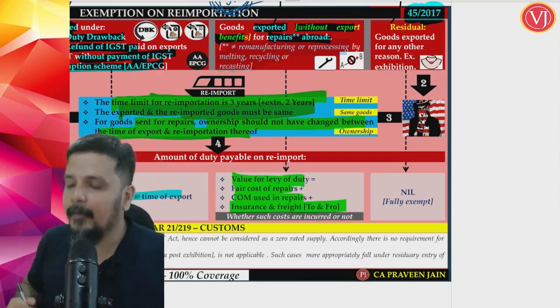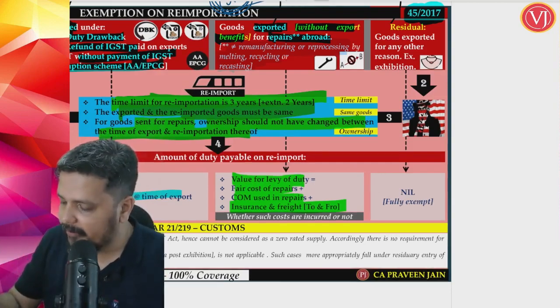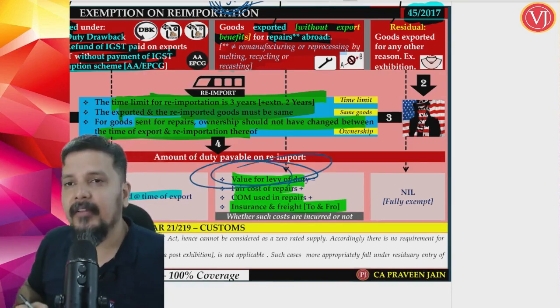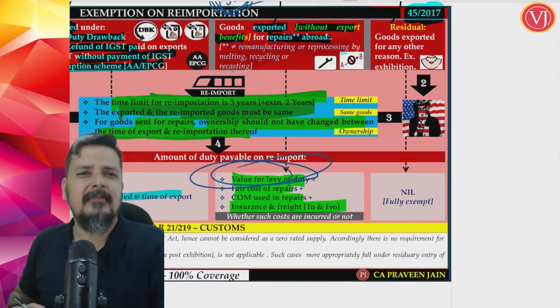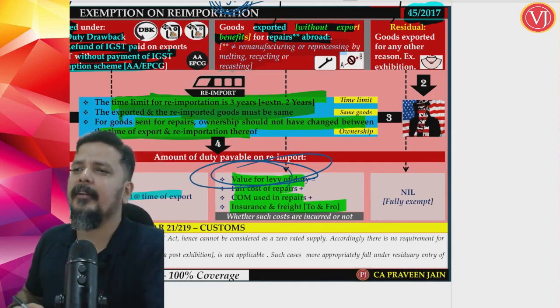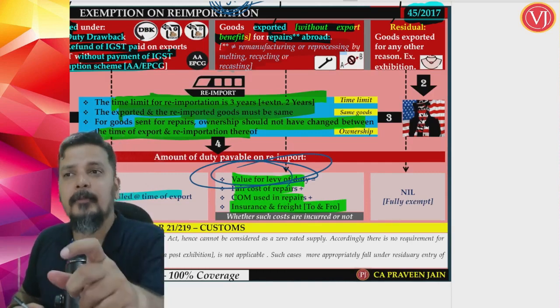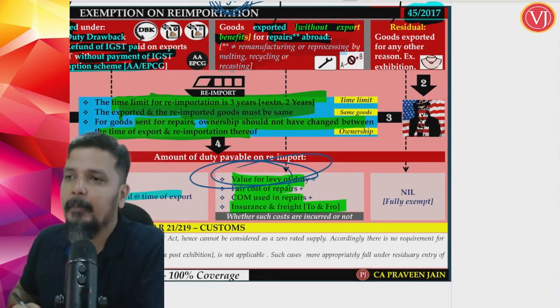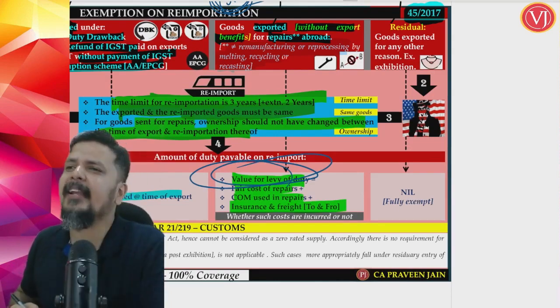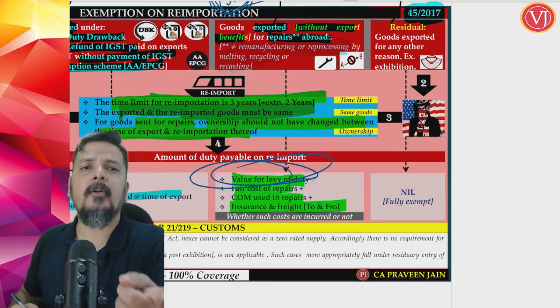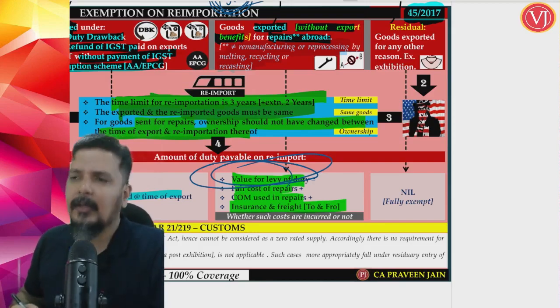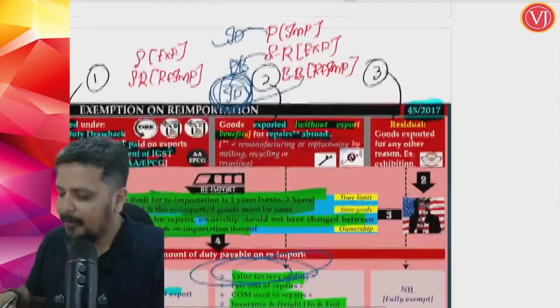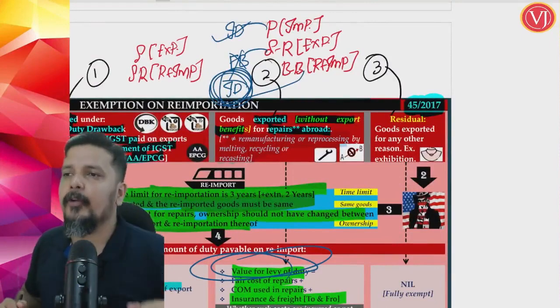Is this the tax amount? No, this is not the tax amount. This is value. Then use the customs duty rate and pay the duty. The customs duty rate will be that of machinery only, not of services. It will be that of machinery, but the value is reduced. Why is it reduced? You are not going to pay import duty again on the entire 1 crore. You imported the machinery and have already paid the import duty on 1 crore.